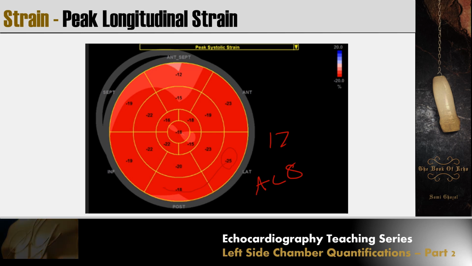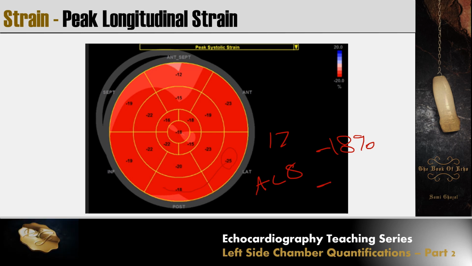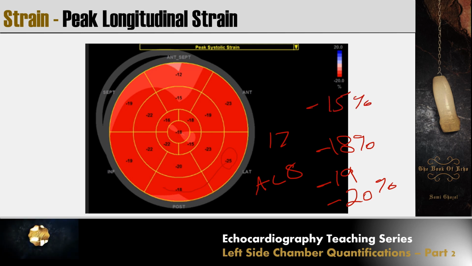Normal is usually vendor dependent, but usually minus 18 is considered normal. More negative is considered normal. I mean, minus 19, minus 20% is all normal. But let's say minus 15, this is considered an abnormal result.